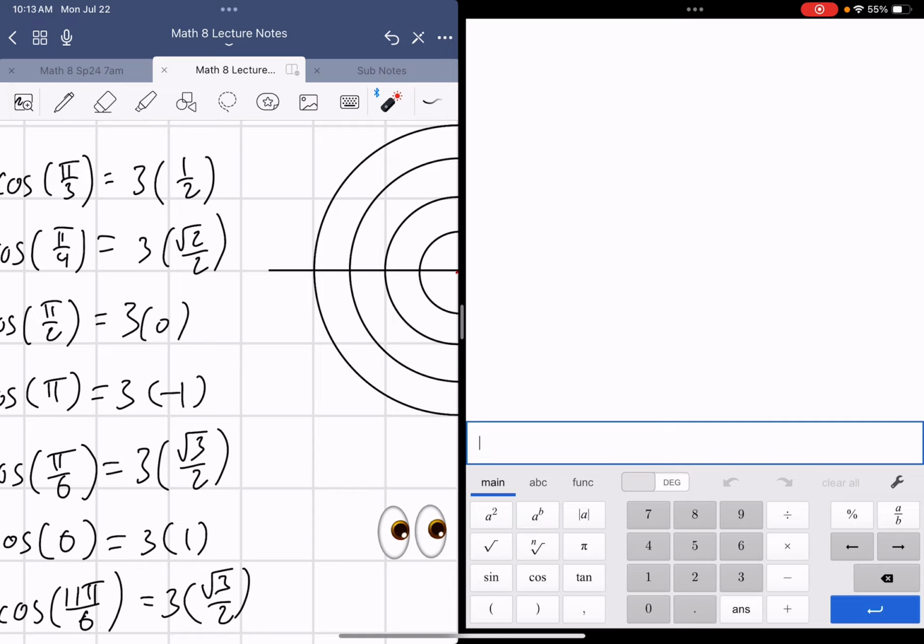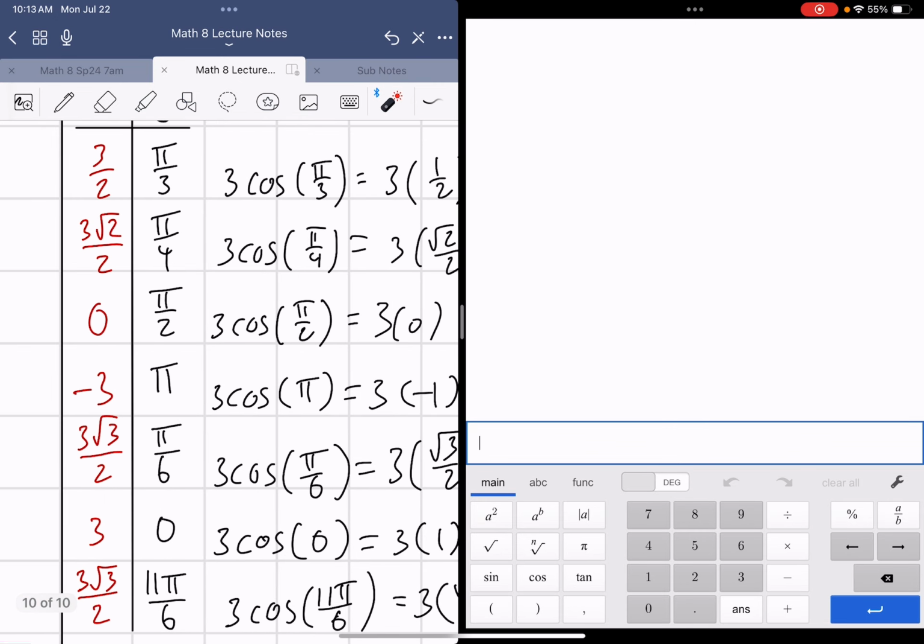So we're trying to find what 3 times the square root of 2 is. So we have this as our answer, 4.2. And then we're going to divide.